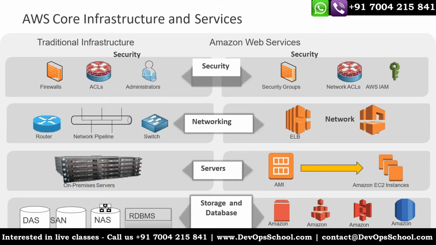Then they will say, I need a router, network pipeline, and switches. In AWS, we call it networks and ELBs. Someone says, I need a firewall, ACL, SysAdmin. In AWS, we call it security groups, network ACLs, AWS IAM and so on. Someone says, I need DAS, SAN, NAS, RDBMS and all. Then we have dedicated services like EBS, S3 and DevOps.